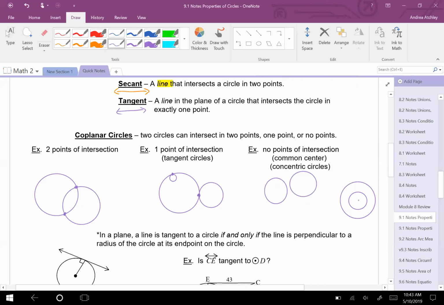So they'll never intersect. Kind of like a target or a bullseye when you're playing darts. Any questions over that?